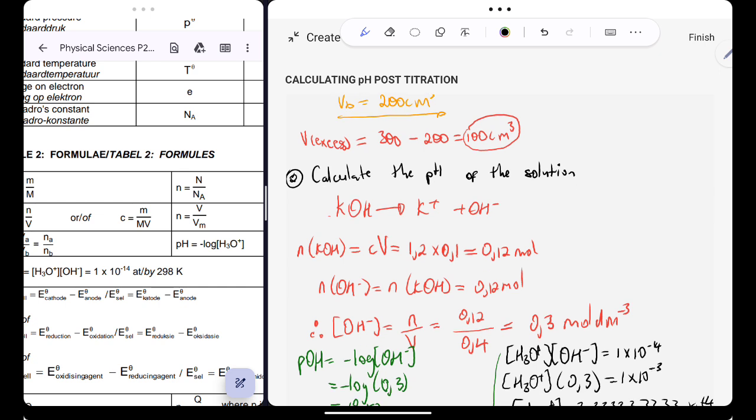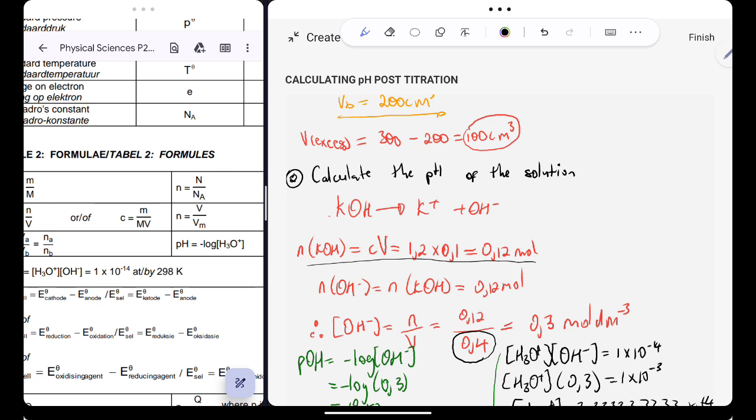So since the 100 is in excess, I can use it to calculate the number of moles of my base which is in excess, as I did here, and then I calculated the number of moles of my hydroxide ions, and then after doing that I found my concentration. Remember that, guys, whenever you find the concentration of your hydroxide ions, the acid and the base are already in one solution. Are we together? So their volumes will be additive.